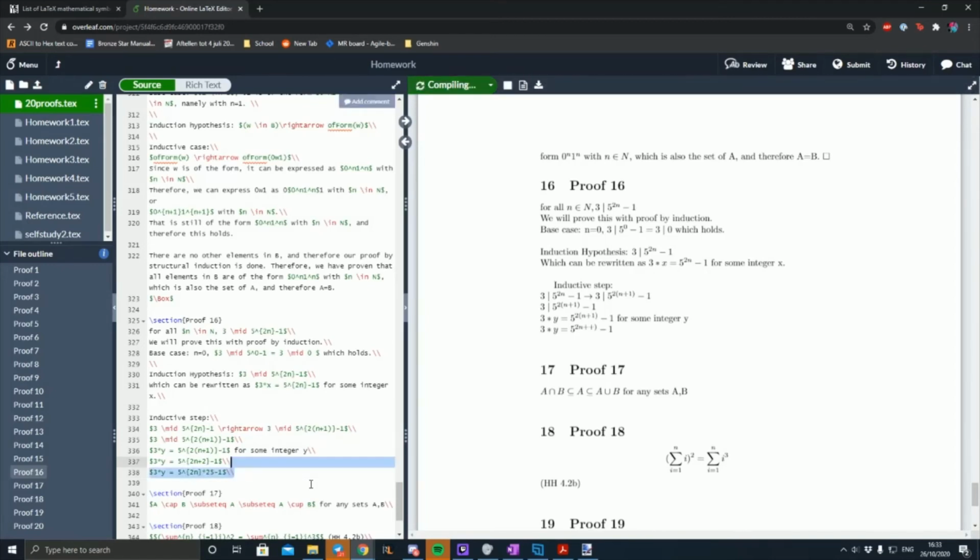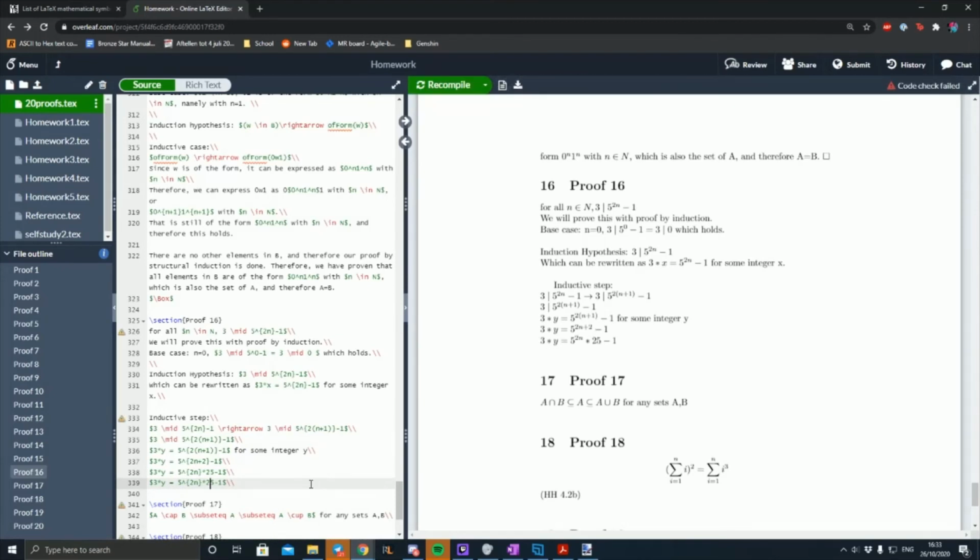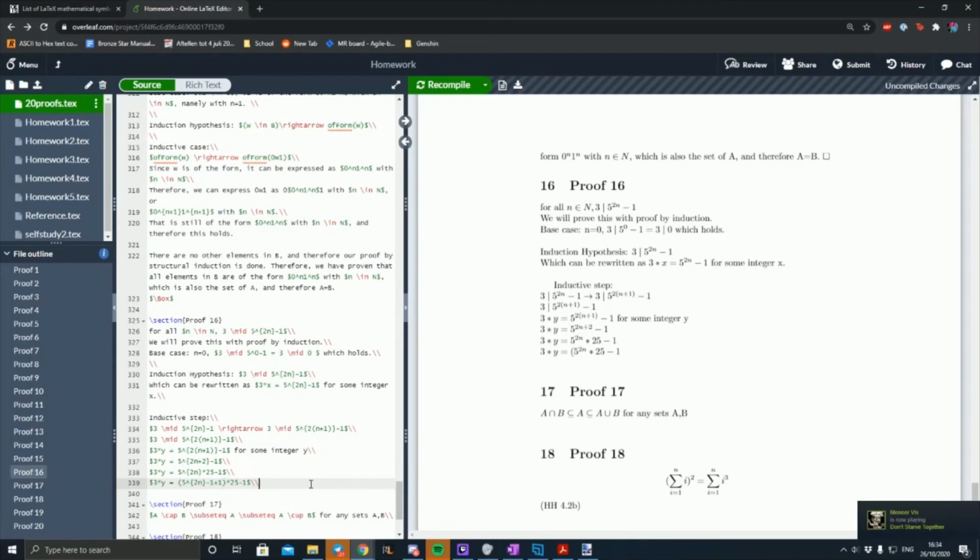That's still correct. Now I want this to be in the form 5 to the power 2n minus 1, so I'm going to say minus 1 plus 1.